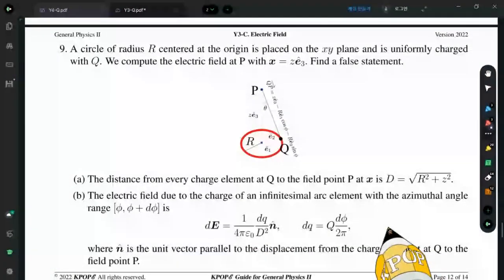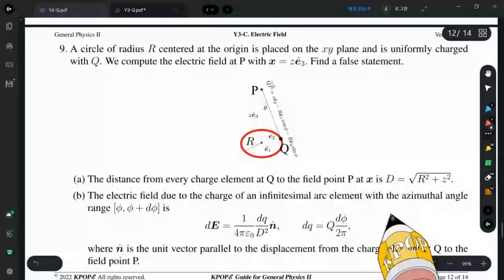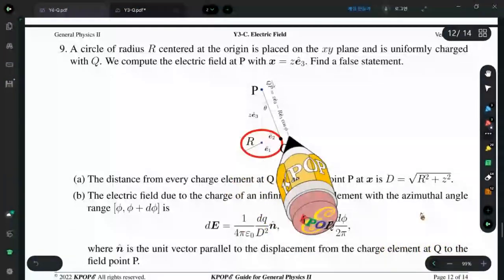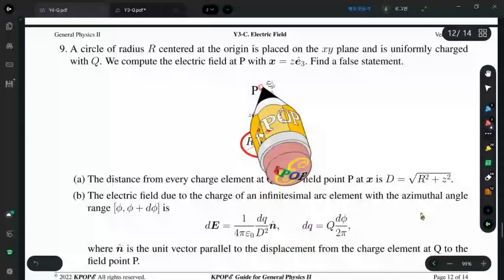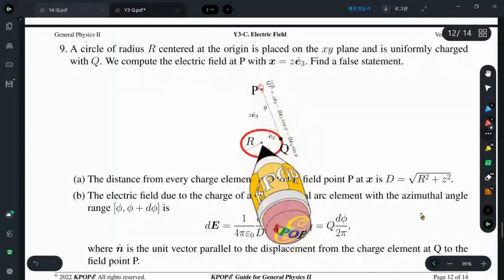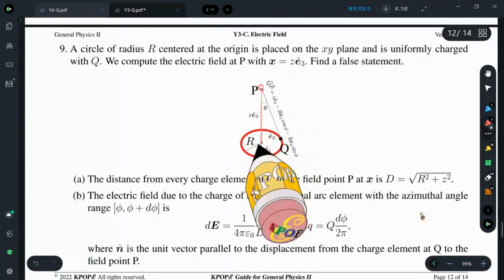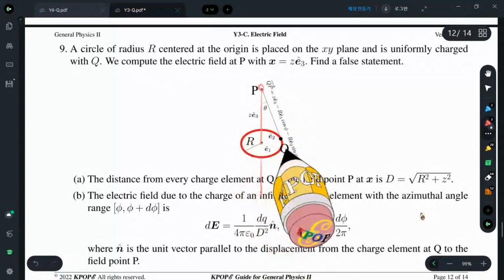Next, we consider the case. We have a circular electric charge, and there's a field point that is on the symmetry axis of this ring.